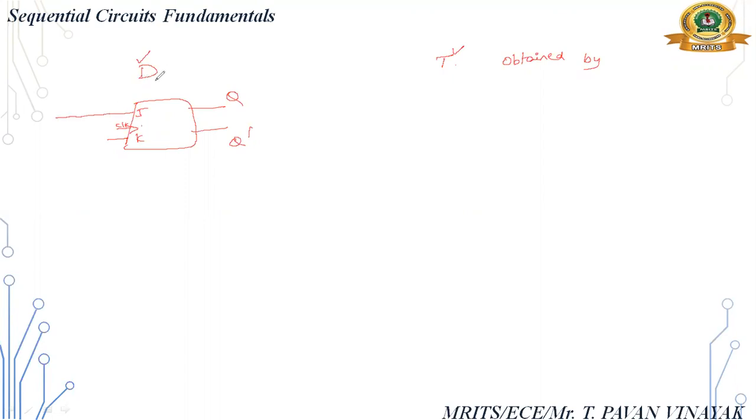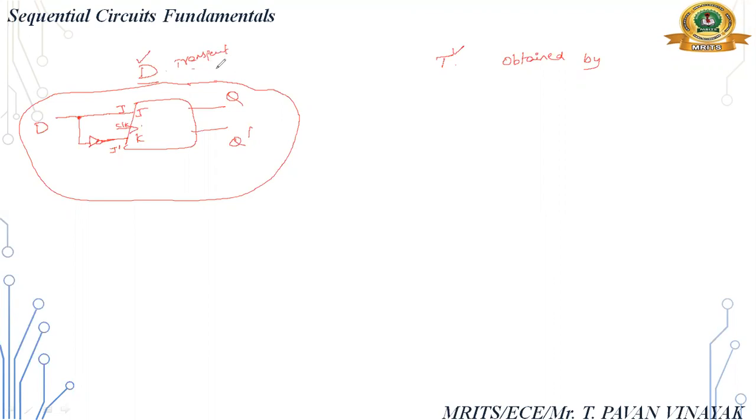From this JK flip flop, I use a NOT gate and give the connection to K. Here we give J, and here we give J bar. This is called the D flip flop, the data flip flop. We call it a data flip flop or transparent flip flop.